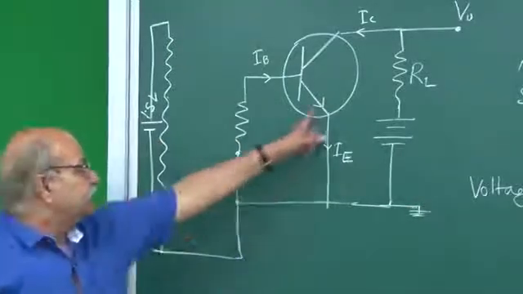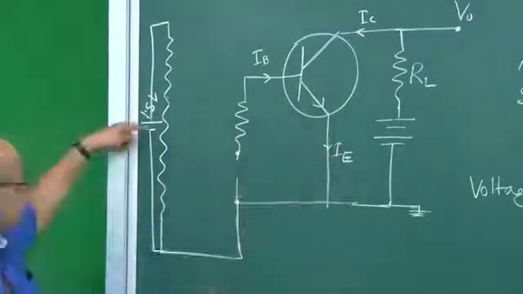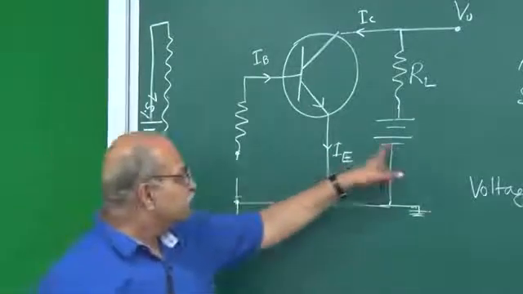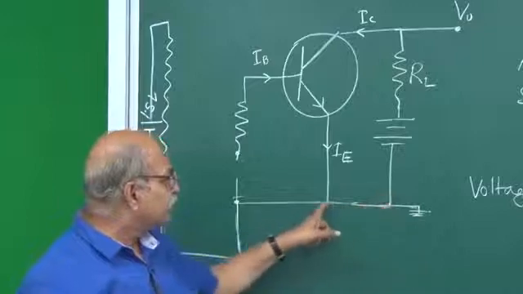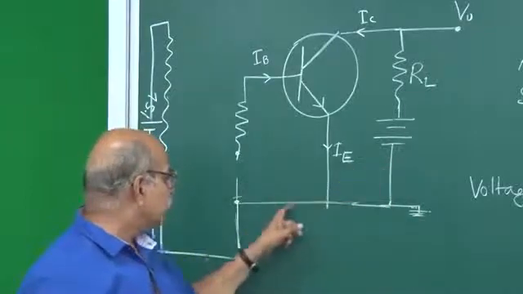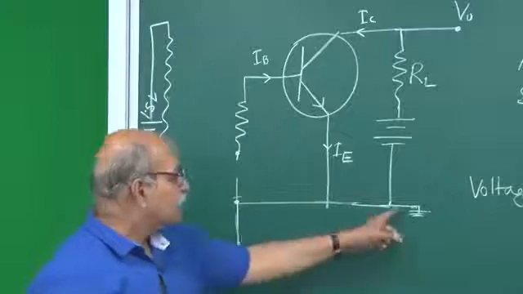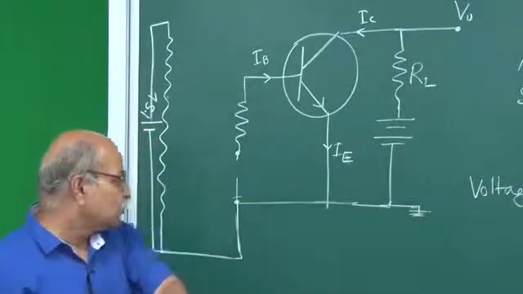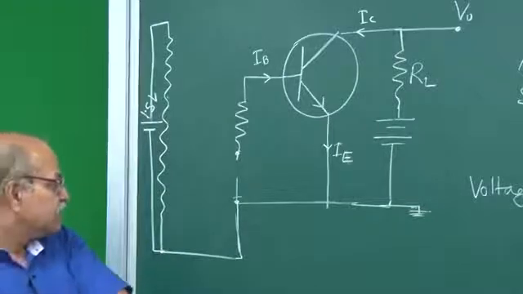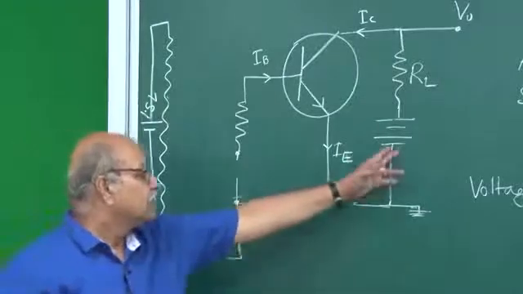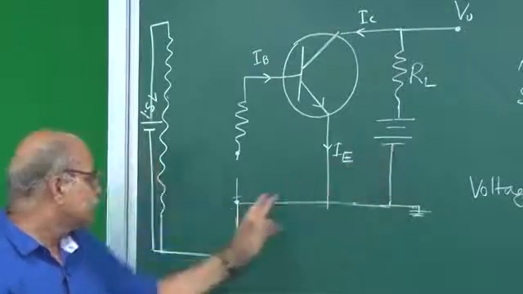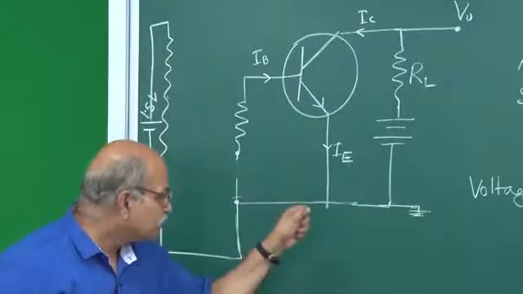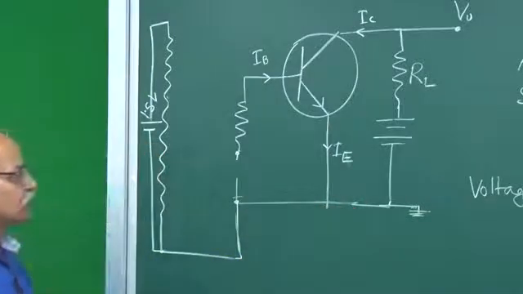So you see the emitter terminal, the negative terminal of this battery here, and the negative terminal of this battery here, they are all connected together, and that is called 0 potential, and that we call earthing or grounding. So in the circuit also, all these negative terminals, this emitter, everything will be at one place, which we will call 0 potential.